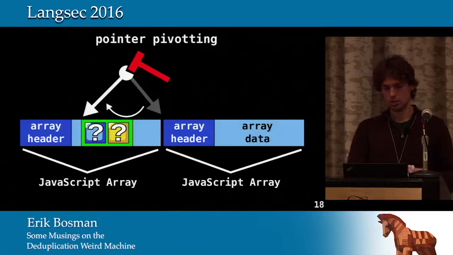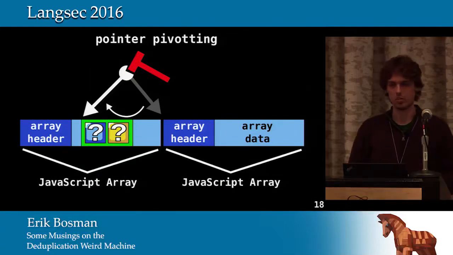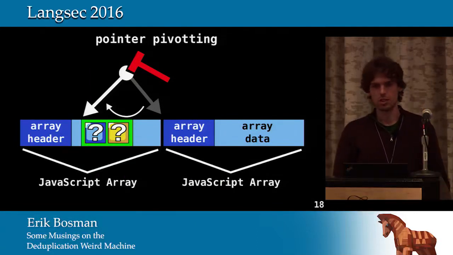Using this bit flip, we can flip, say, a 1 to a 0, and it will point to our fake object. And from that, we can escalate to arbitrary read-write.